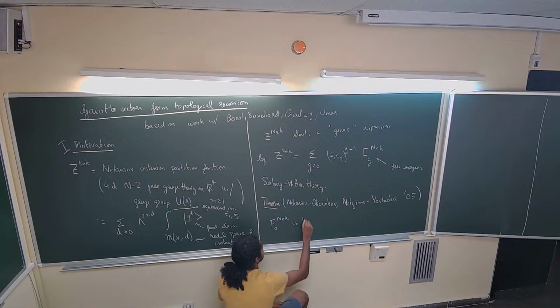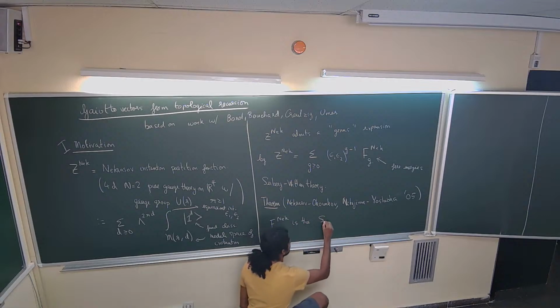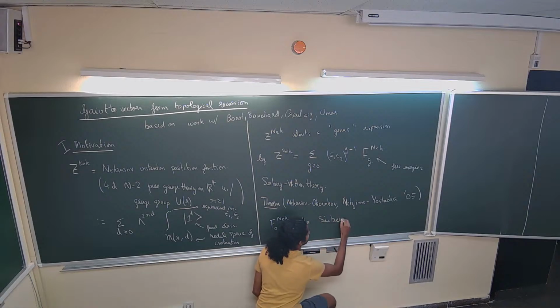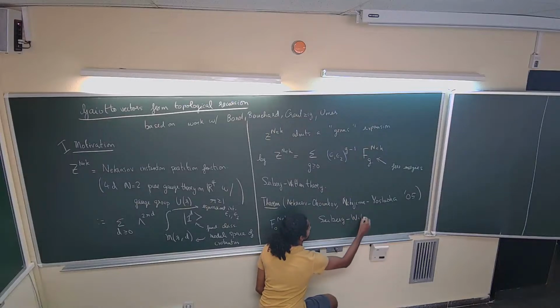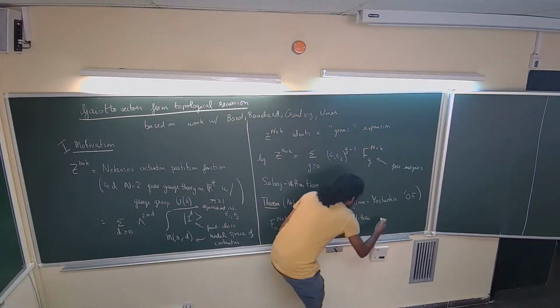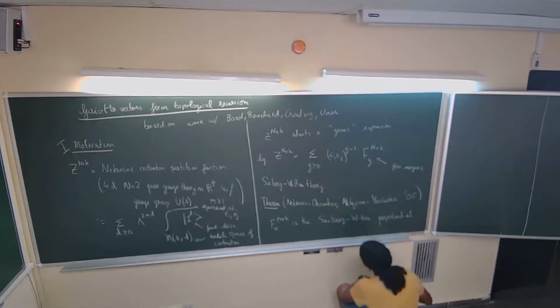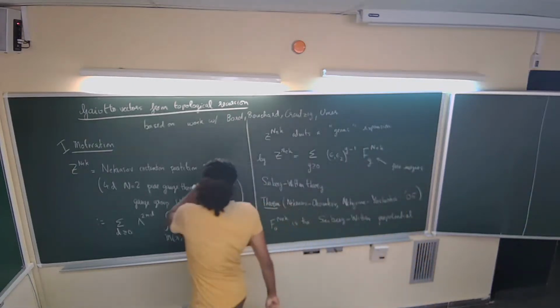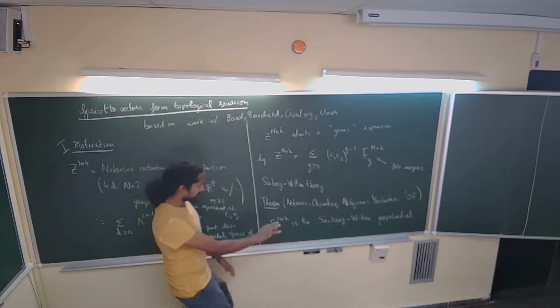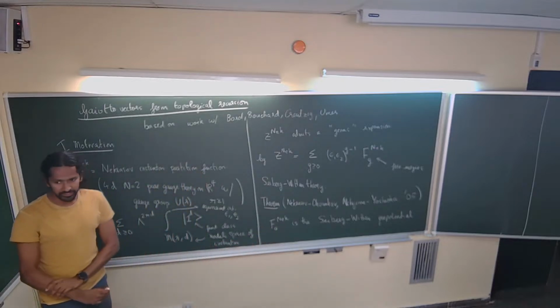Okay. So the precise statement is that F_0 is the so-called Seiberg-Witten prepotential. I don't want to really define what the prepotential is and get into details about this.